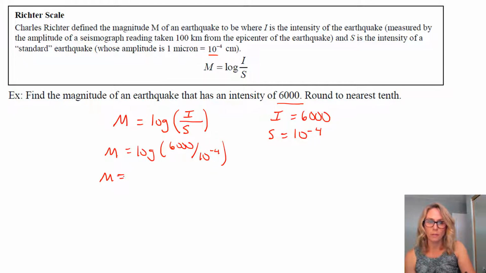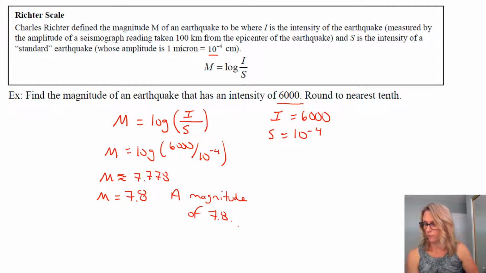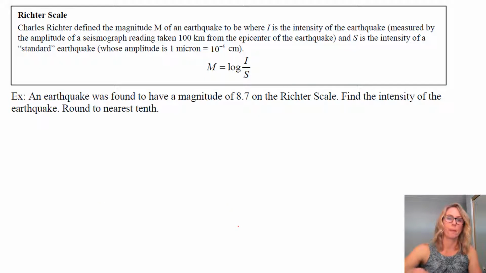If you do that, you should get about 7.778, which, since earthquakes are typically given to the nearest tenth, is a 7.8. That's actually a pretty big earthquake, a magnitude of 7.8. It's going to do some damage.